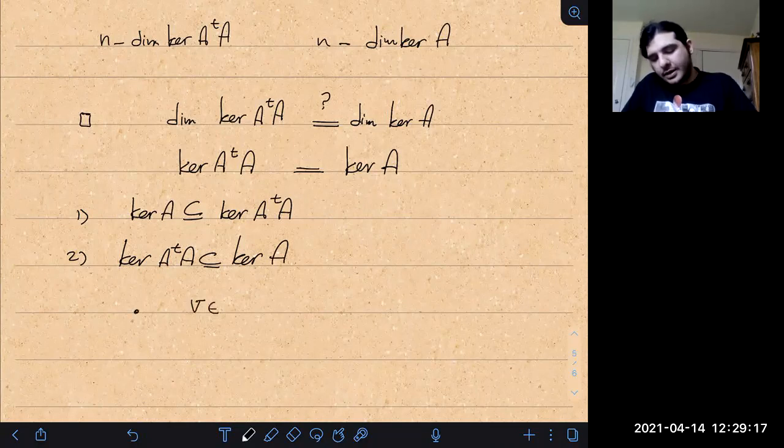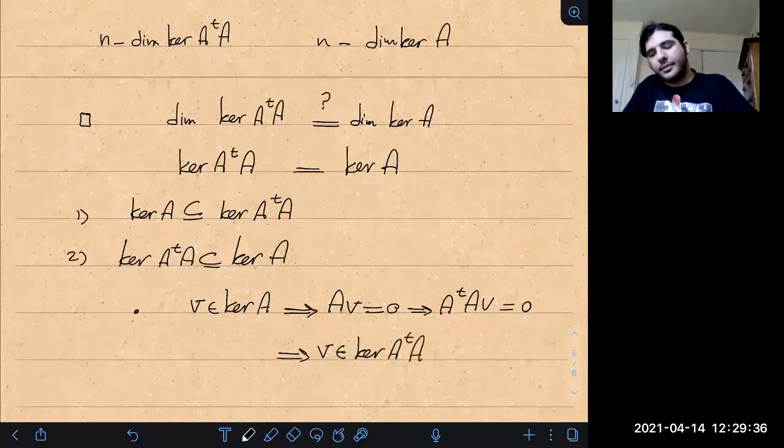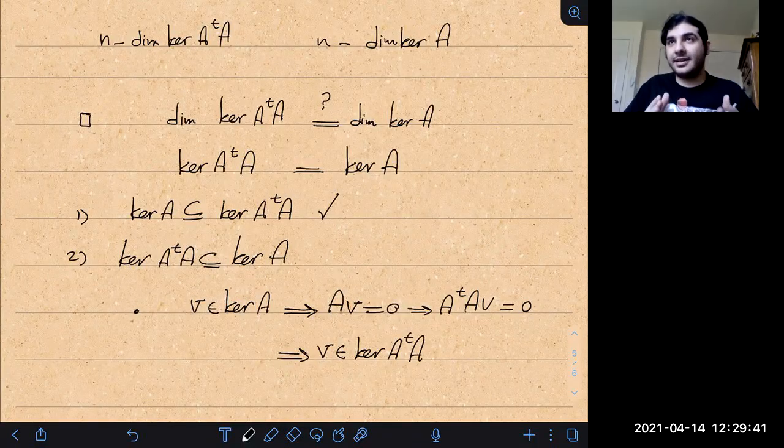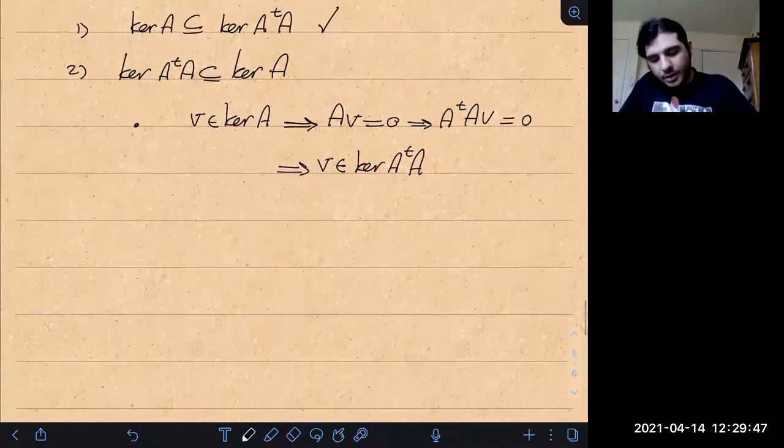Take a vector v in the kernel of A. It means Av is equal to 0. Of course, if I multiply both sides by A transpose, it means A transpose Av is equal to 0, which means v is in the kernel of A transpose A. So we have the first statement: the kernel of A is a subset of the kernel of A transpose A. Now let's try to prove the second one.